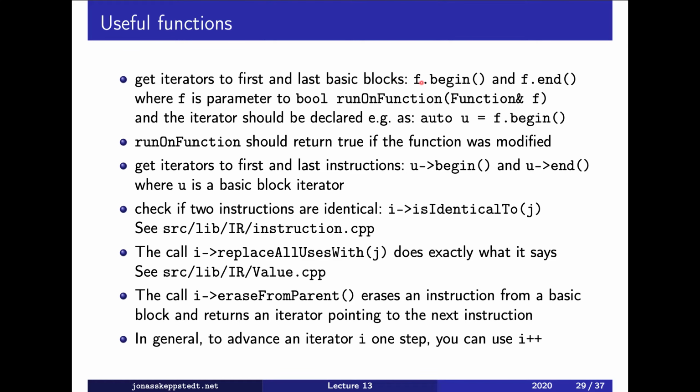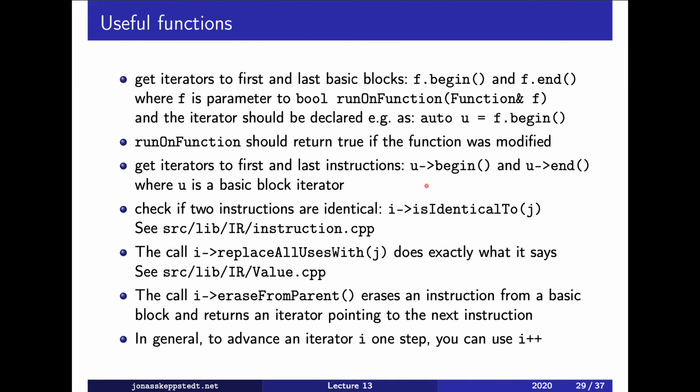From F we get the first and last basic blocks, so we can iterate through all of them. And it's absolutely most convenient to ignore the type and just use the C++ auto like this. And this is an iterator.